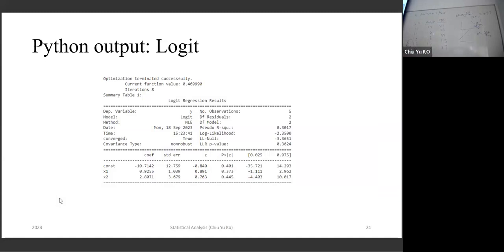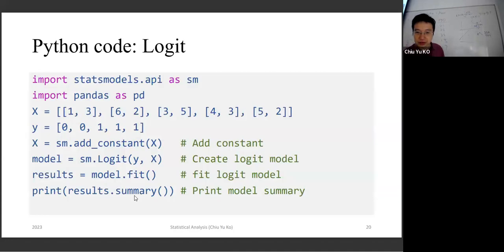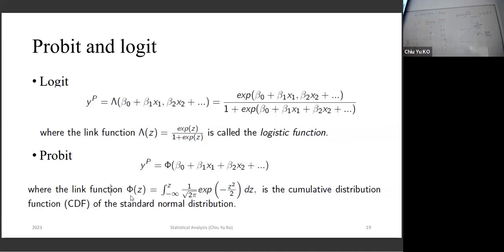And the method is called MLE. I'll explain at the end of a technical slide how we get the coefficient. Because remember, we still want to get the beta. I don't tell you how the beta comes out, but we'll do it soon. I'll tell you what we mean by the beta.